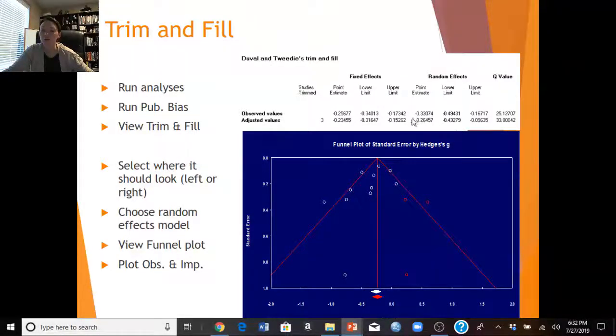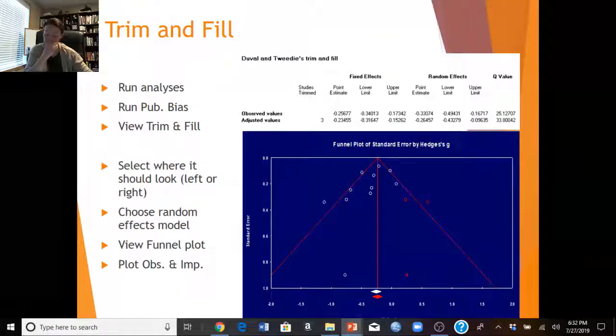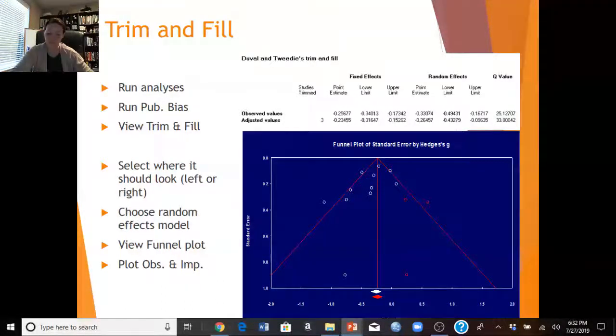So it lowers our effect size to a negative 0.26. So overall, we started with a negative 0.33, it moved it down to a negative 0.26. That's not a drastic adjustment, it's not bad. So it was only 3 studies that needed to be trimmed.